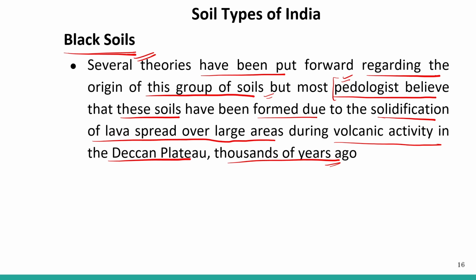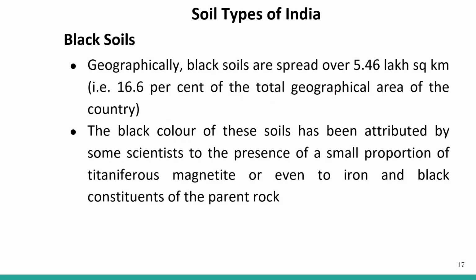When the volcano erupted, the lava that came out solidified and later changed into this black colored soil, now called black soil. This is one of the beliefs from the pedologists. A pedologist is one who studies soil, or we can call them a soil expert.